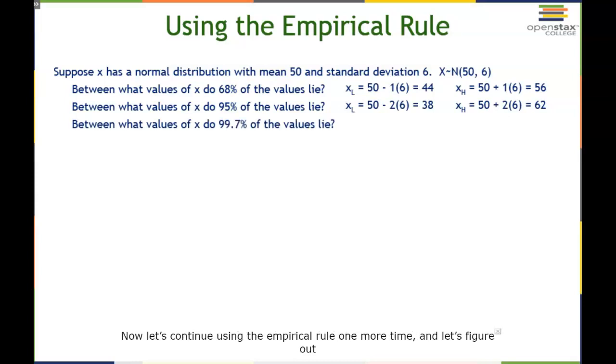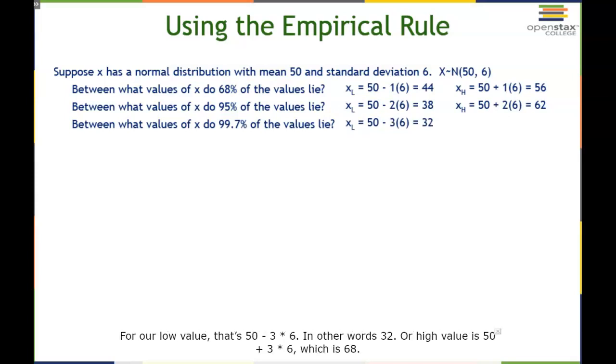Now let's continue using the empirical rule one more time, and let's figure out the values for 99.7%. We have a low value, we have a high value. We know that 99.7% of our values should be 3 standard deviations below and 3 standard deviations above the mean.